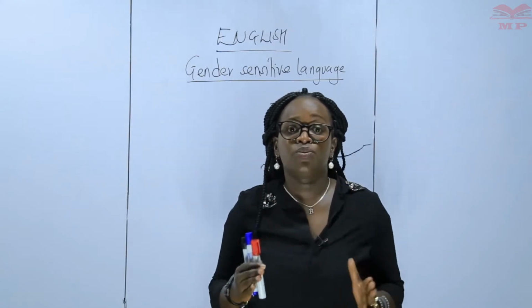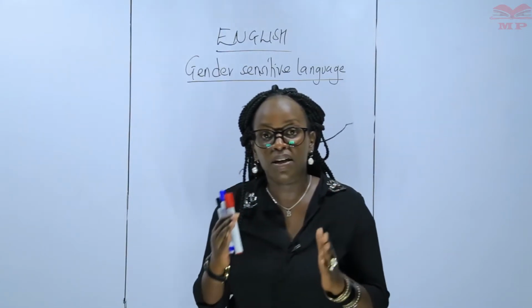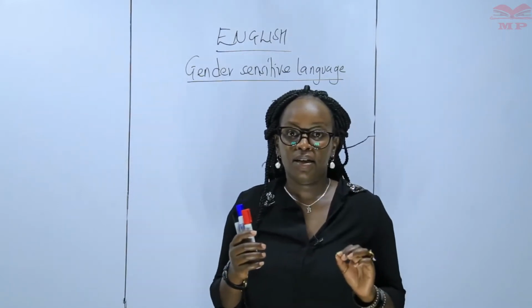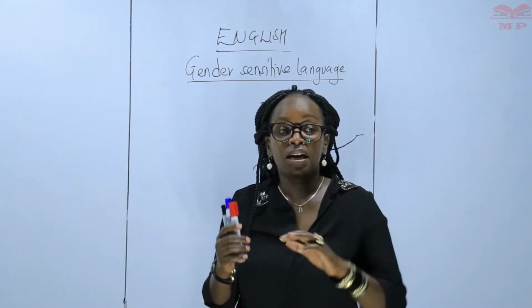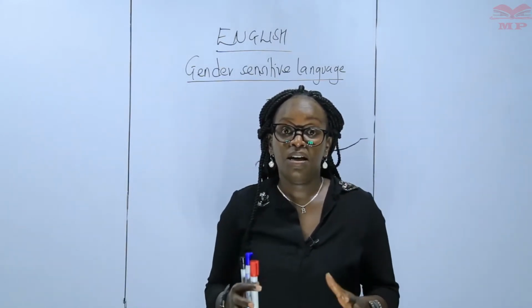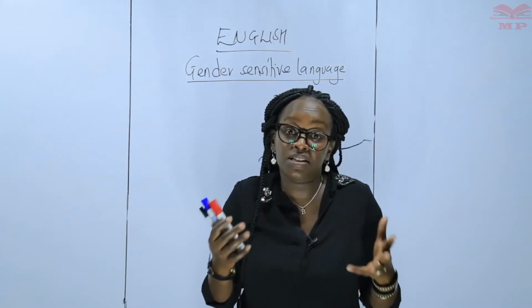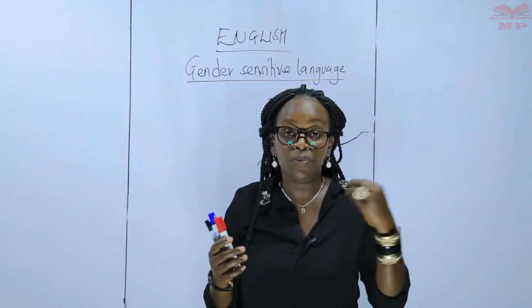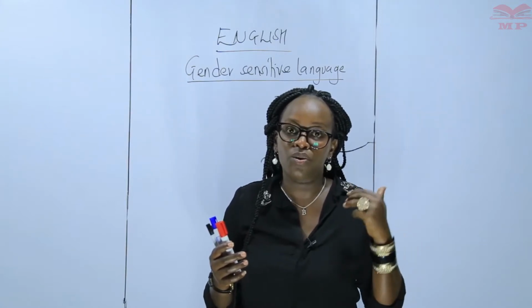When you address them as policemen, you're actually being gender biased. That would also mean that you're going to lose the attention of the female audience, because they are going to feel like you're not addressing them. You're actually only talking to the people of the male gender within your audience.